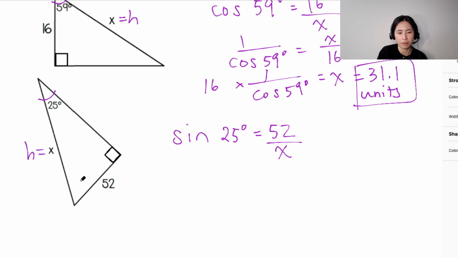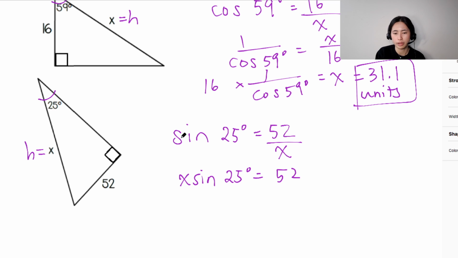And again, remember, we can actually use this angle over here. It's up to you, whichever one you prefer. So if you have sine 25 degrees, which is equal to 52 over x, then you would have x sine 25 degrees, which is equal to 52 times 1. I'm using the cross multiplication method here just for the people who prefer this method as opposed to taking the reciprocal.